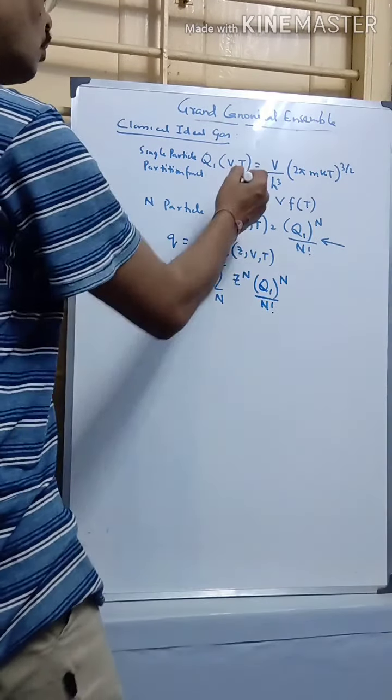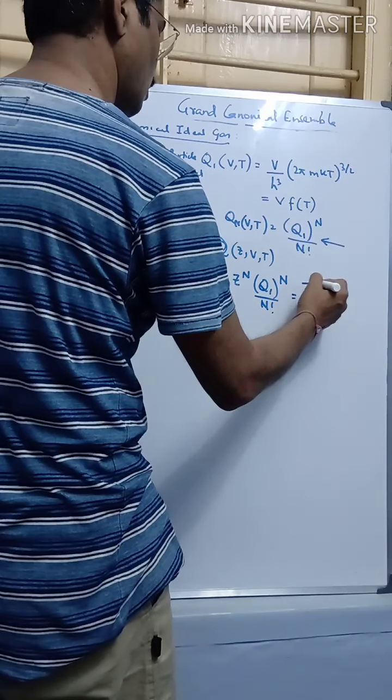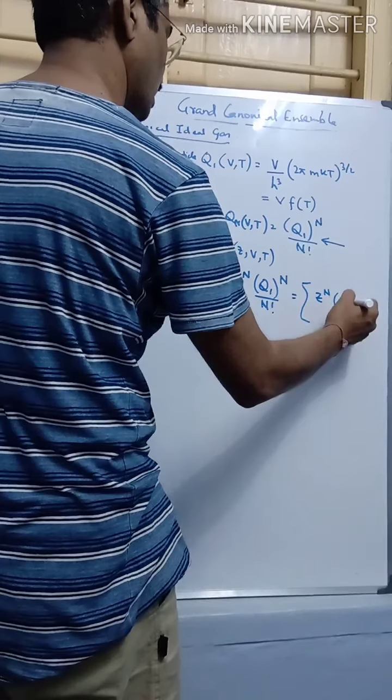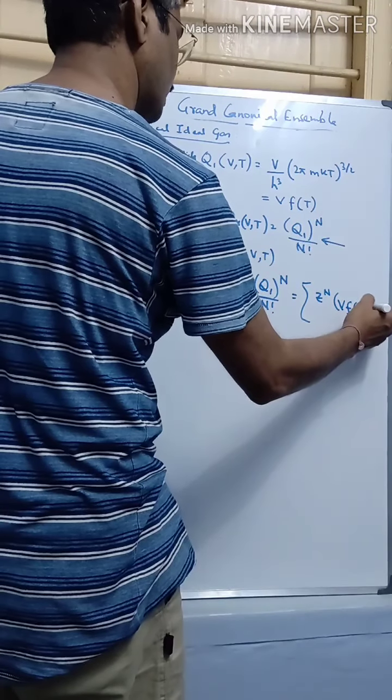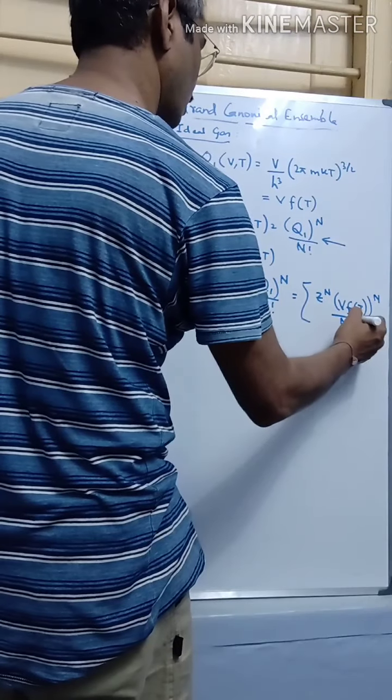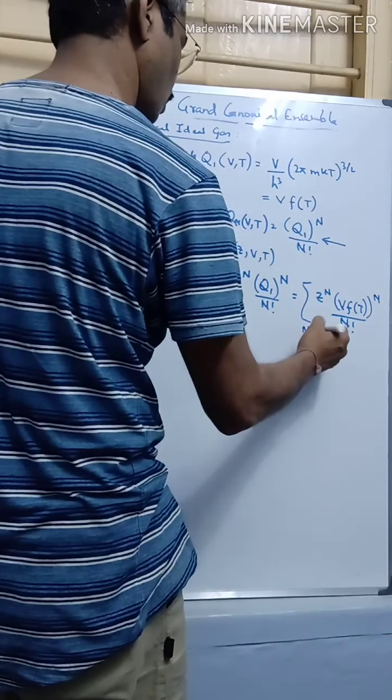Now what is q1? q1 is equal to V f(T), so we can write z to the power N, V f(T) whole to the power N by N factorial, summation over N.